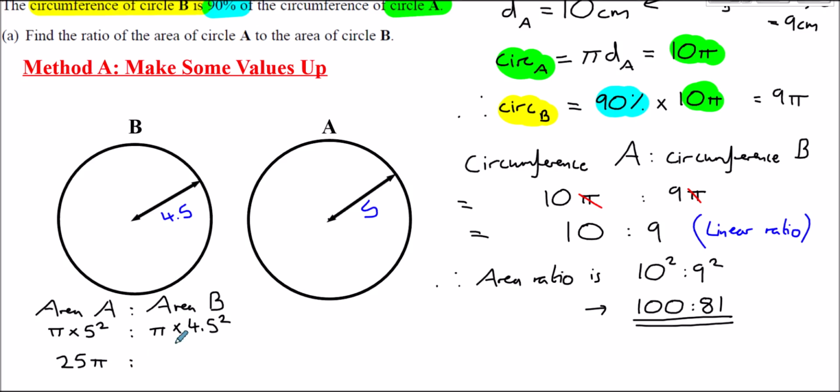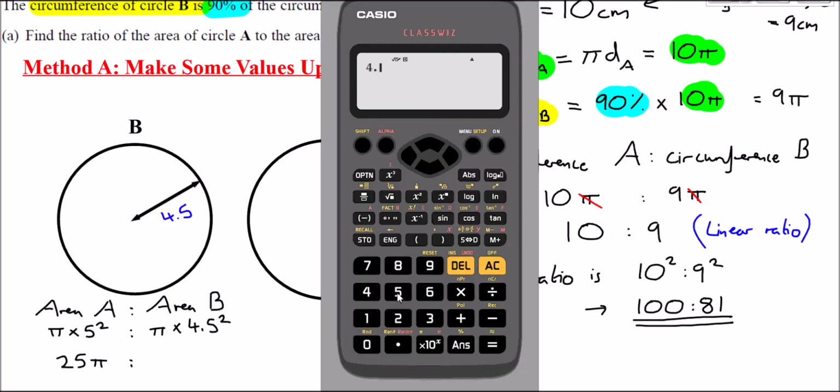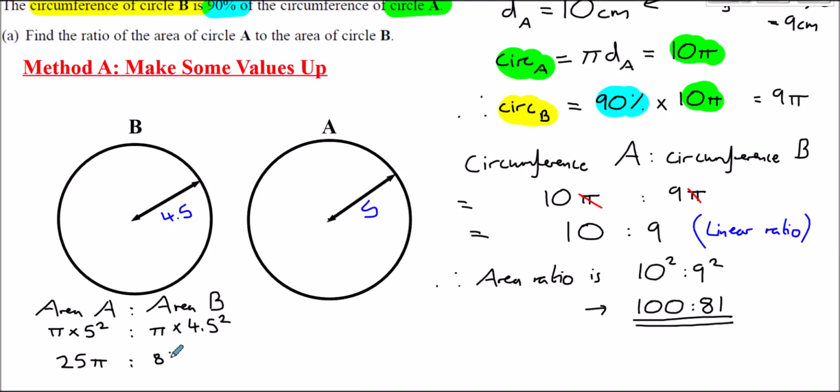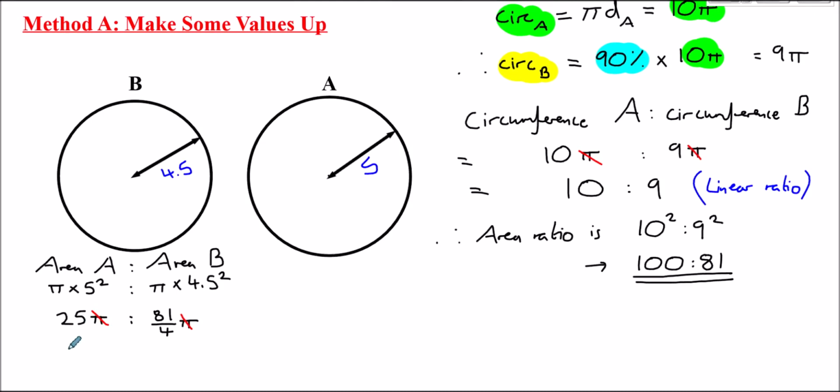Pi times 4.5 squared, well, what's 4.5 squared? 4.5 to the power 2 gives us 20.25 or 81 over 4. We can then cancel off the pi's and multiply by 4 to get the values into whole numbers. 25 times 4 is 100, and 81 multiplied by 4 is 81. So whichever way around we do it, the ratio of areas is going to be 100 to 81.